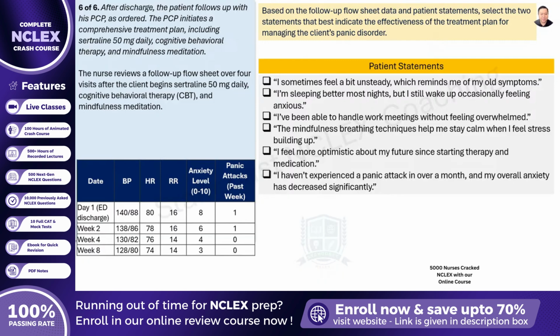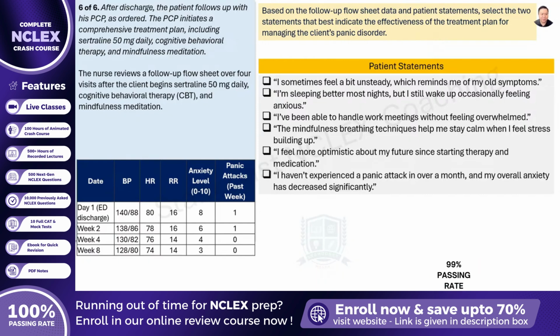The mindfulness breathing techniques help me stay calm when I feel stress building up. I feel more optimistic about my future since starting therapy and medication. I haven't experienced a panic attack in over a month, and my overall anxiety has decreased significantly. So you can pause here and scan one more time those patient statements. Now, when you're ready, let's go right ahead.